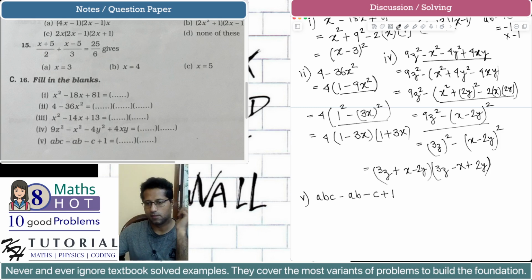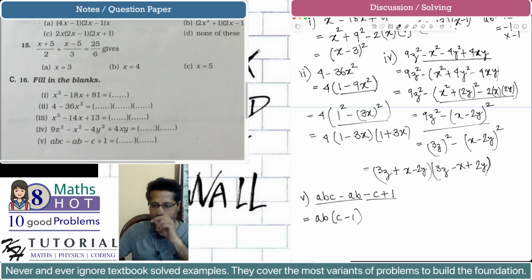And as you can see, if you consider this as the first group and this as the second group, from the first group I can see a common factor of AB. So, I will factor that out and I am left with AB into C minus 1, and this group, that is minus c plus 1, I can take negative 1 as a factor, and rewrite the group minus c plus 1 as negative of c minus 1.